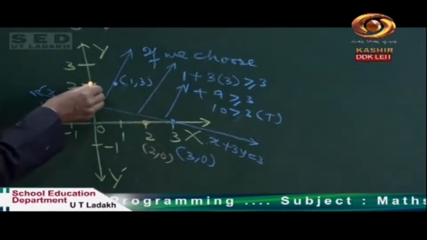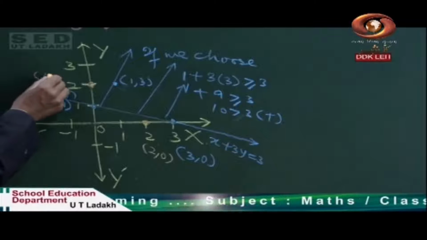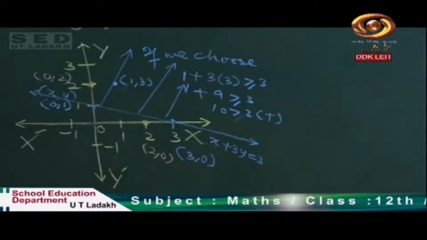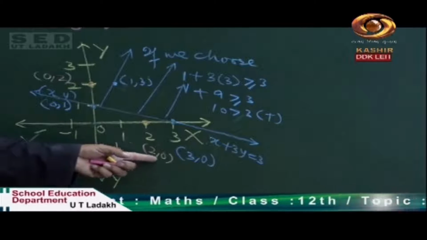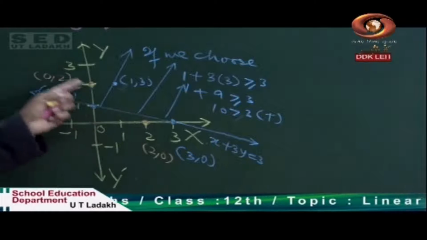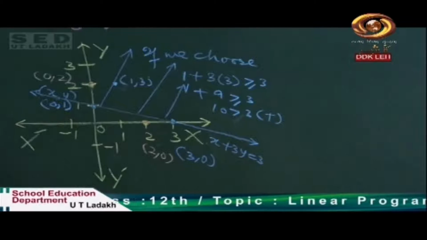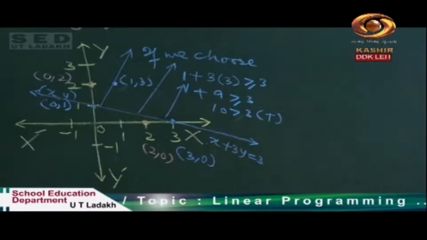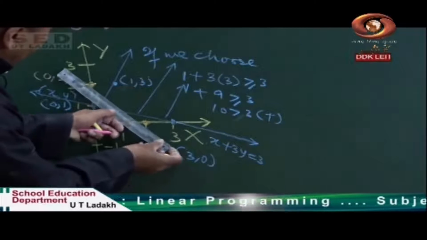This is the point 0, 2, and this is 2, 0. If I join these two points, then I get a line of the equation.